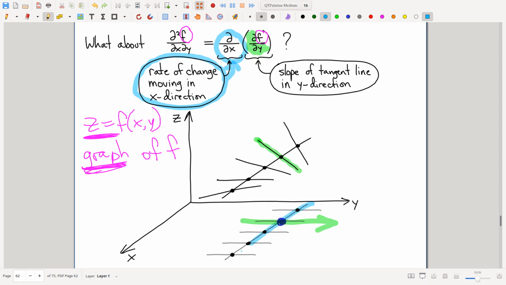So as I move in the x direction, as I come out of the screen, as it were, how do these slopes change? Always slopes in the y direction, but how do those y direction slopes change as I move in the x direction? And so let's think through that process, and I'm just going to draw some actual slopes.